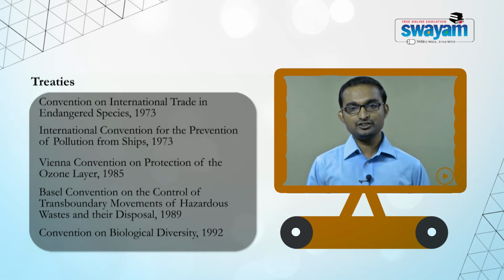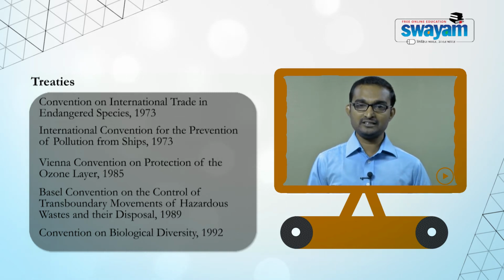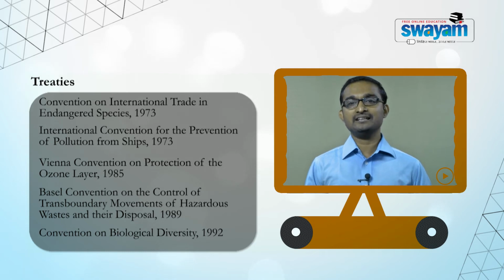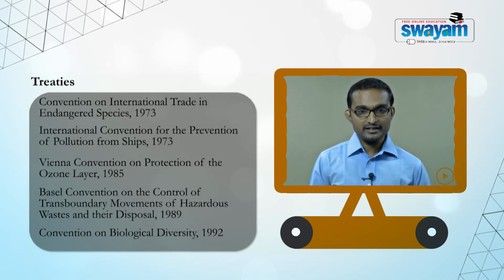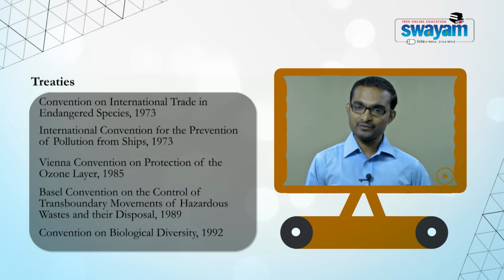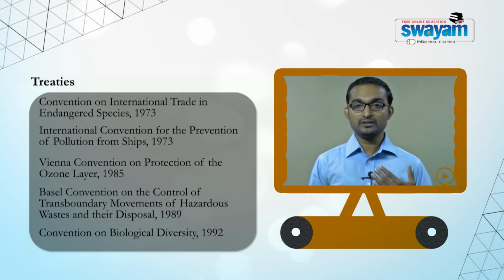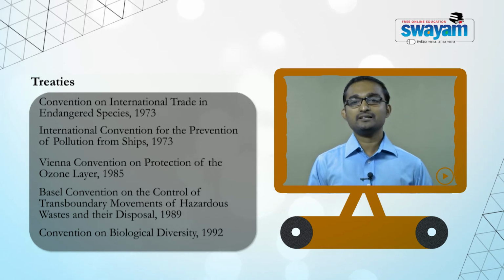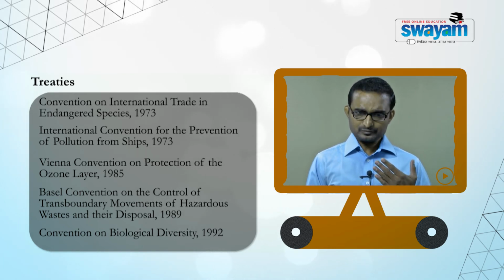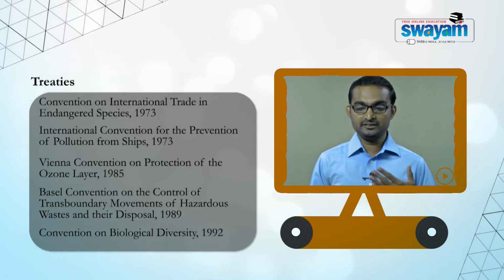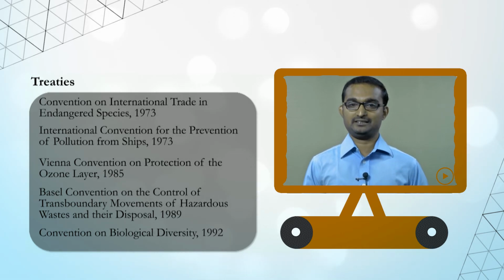Say, for example, the Convention on International Trade in Endangered Species, also known as CITES, regulates international trade in endangered species. It identifies a set of endangered species, and then it facilitates cooperation between its parties to regulate international trade, so that these species do not become extinct.